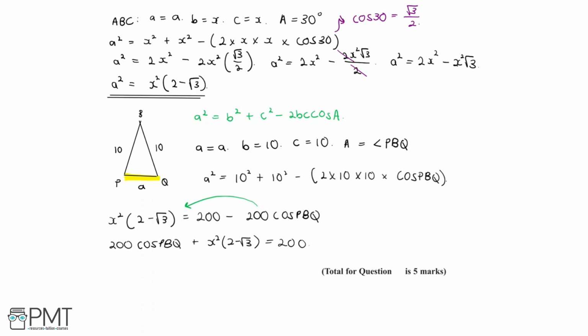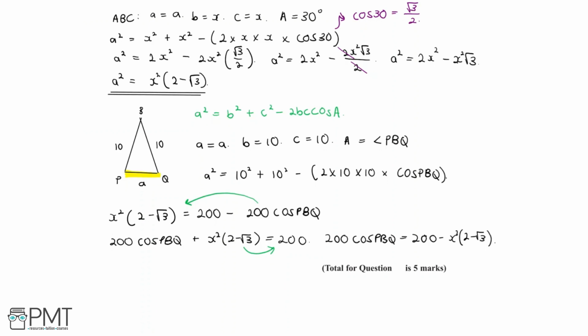And now we can bring the x squared (2 minus root 3) over to this side, and so we'll be left with 200 cos PBQ equals 200 minus x squared (2 minus root 3). So in order to be left with cos PBQ, we need to divide both sides by 200. So we'll have cos PBQ equals 200 minus x squared (2 minus root 3), all divided by 200.